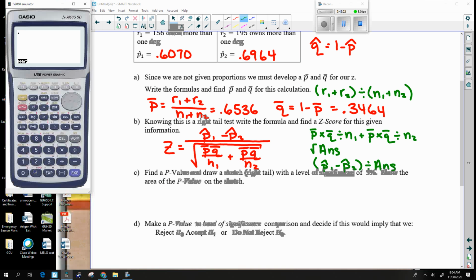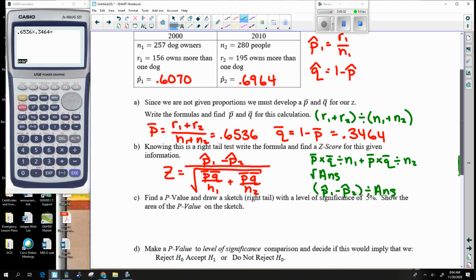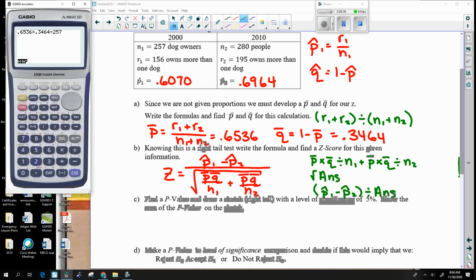All right, so that first one, here we go. So we go p bar times q bar divided by n1 plus p bar times q bar divided by n2.